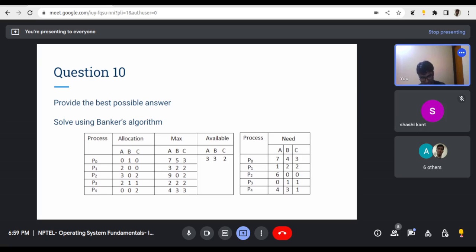Add with allocation. Check with need, add with allocation.